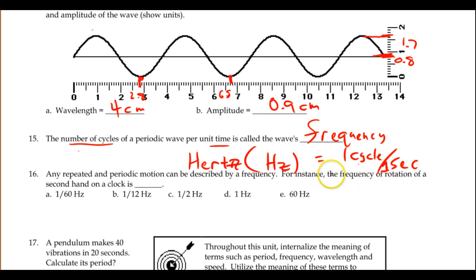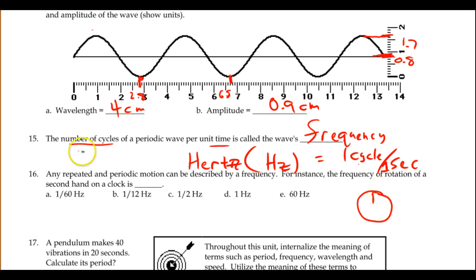So, example for 16, using the hertz: the frequency of rotation of a second hand on a clock is, well, it takes 60 seconds to go around once. So for every second, it would go around 1 click, which would be 1/60th of the full rotation.